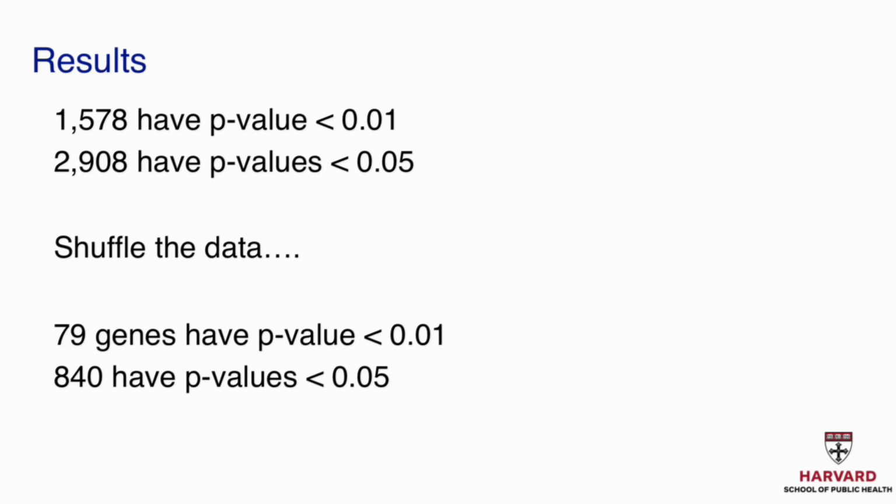If we do 10,000, then 5% of 10,000, which is 200 genes, are going to appear to be differentially expressed if we don't interpret this properly. So in a later module, we're going to talk about how to deal with this. It's something called the multiple comparison problem. It's a little bit more technical, and we're going to cover it in another module. But for this module, I want you to be aware that this is something that happens.